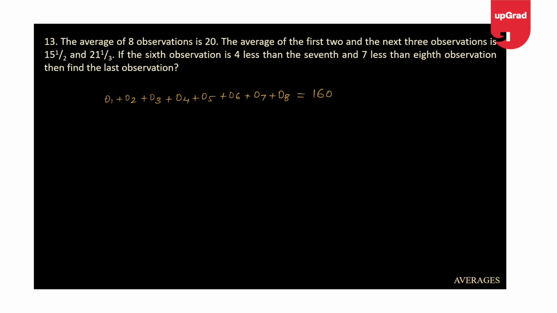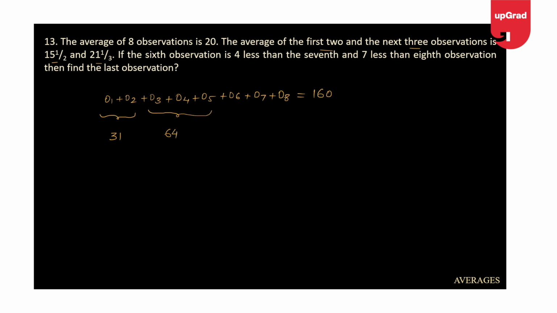Now the average of the first two is 15 1 by 2 and the next three observations is 21 1 by 3, which means the average of these two is 15 and a half, which means the total of these two should be 31. I hope you would agree. And the next three observations have an average of 21 1 by 3, which means the total should be 64.